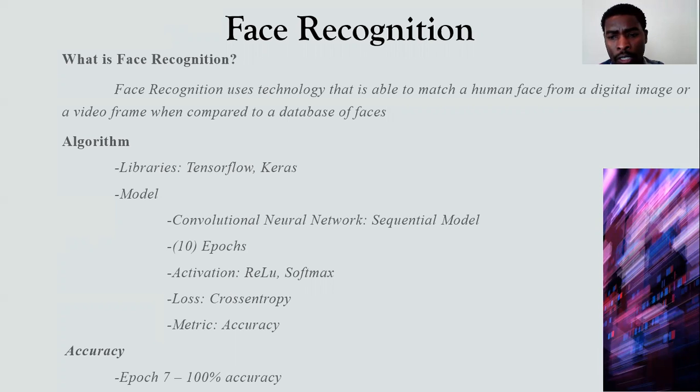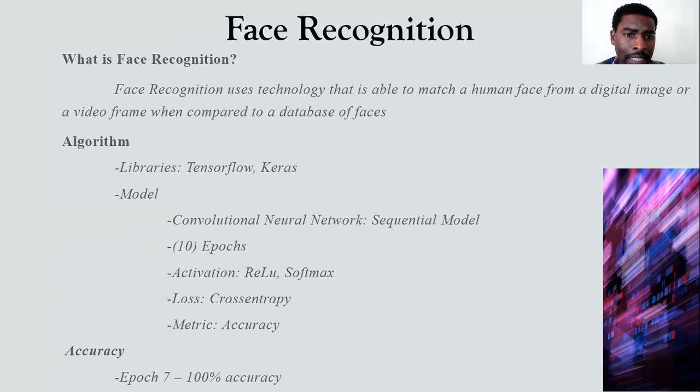And for the cost, I used the softmax function, right? As far as the loss goes, I used the cross entropy function. And I also used accuracy as the metric to keep track of how wrong my model was.